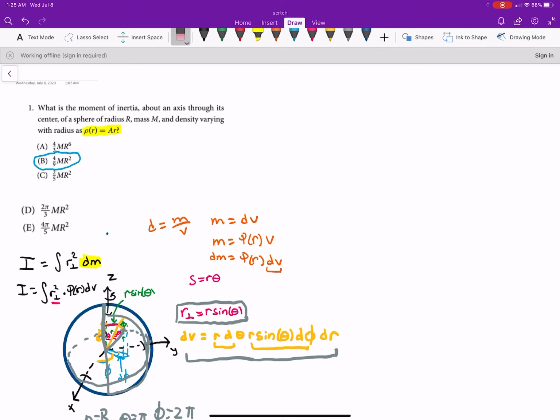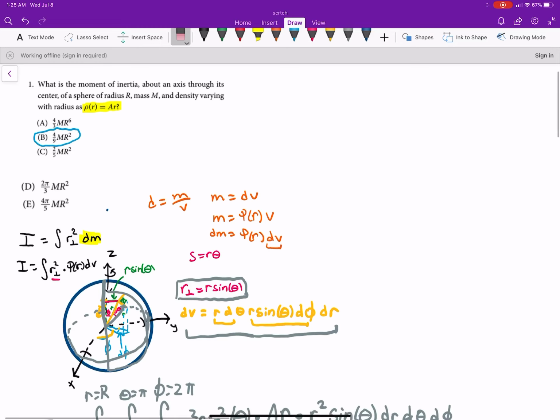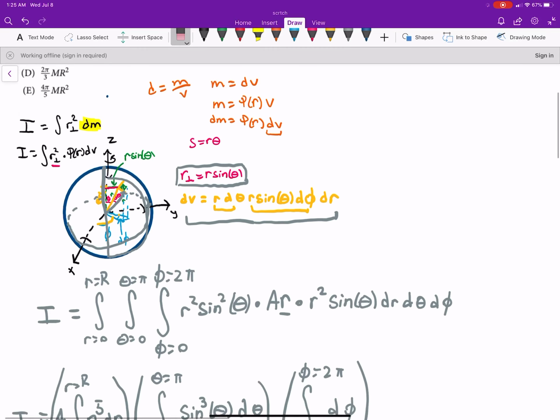So, again, just to review, we set up our moment of inertia integral. We found the perpendicular distance from the points we're interested in to the axis of rotation. We represented our dm as rho of r dV, and then kind of crudely, I showed what dV is through a little bit of geometry, in case you don't remember it or it's not provided.